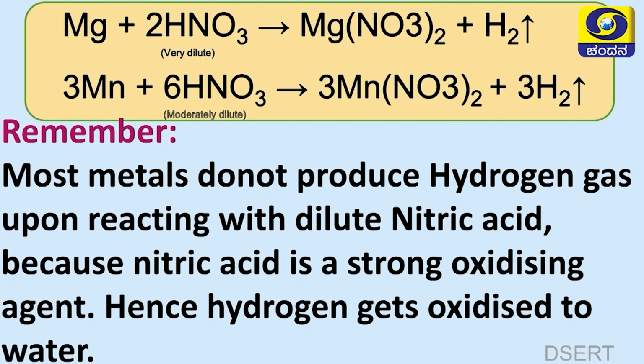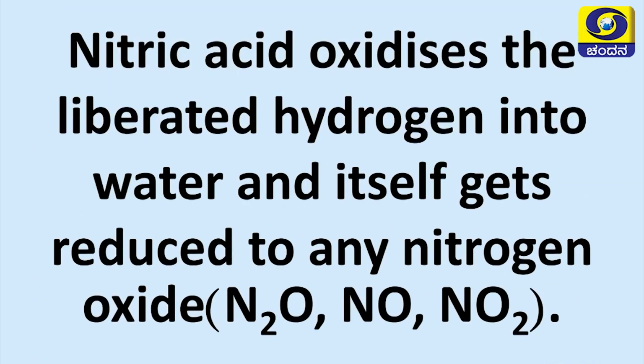In the process, hydrogen gas is evolved. The nitric acid oxidizes the liberated hydrogen into water, and it itself gets reduced to any of the nitrogen oxides. It could be nitrogen monoxide, nitric oxide, nitrous oxide, or nitrogen dioxide.